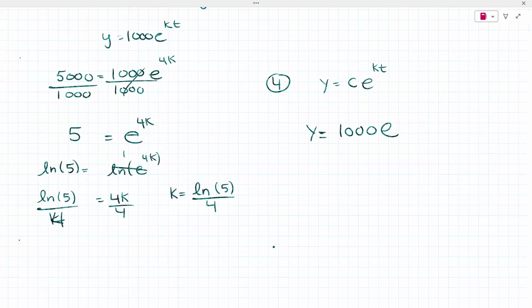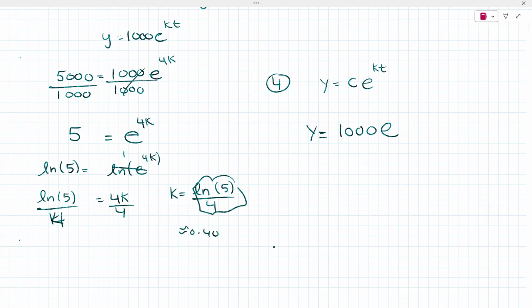E, and then our k is this whole thing. I'm just going to leave it as is. It is a decimal. If you put ln of 5 over 4, it's about 0.40.